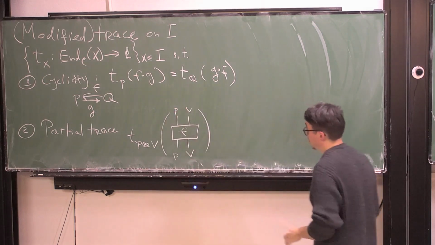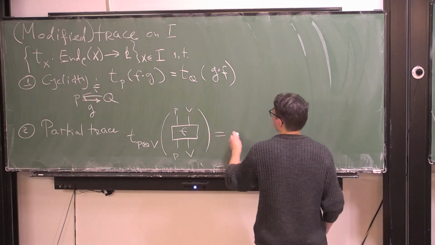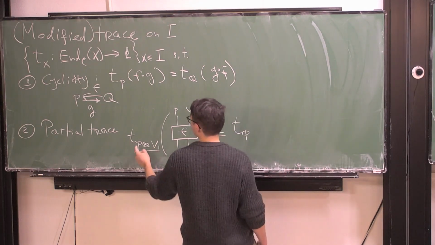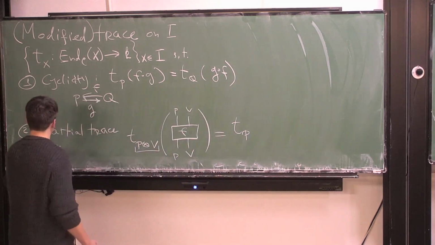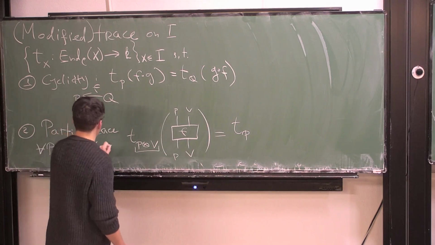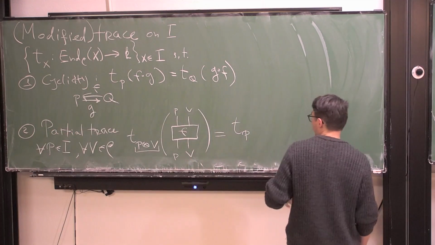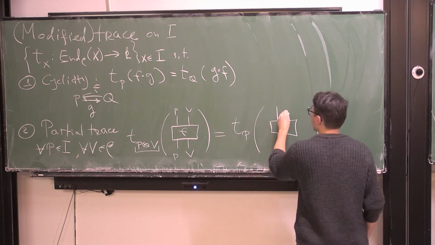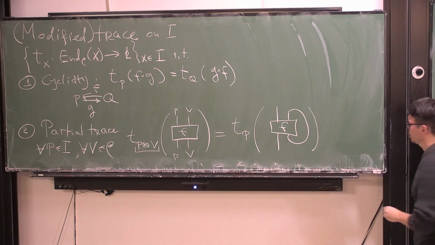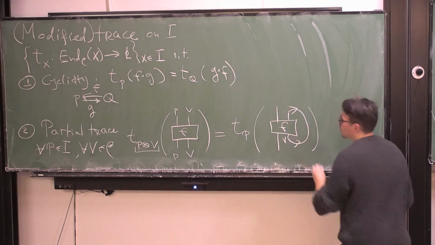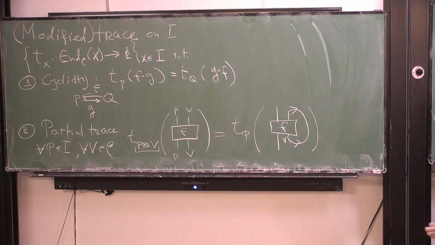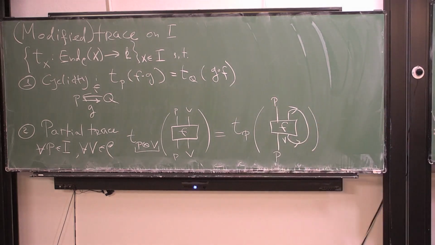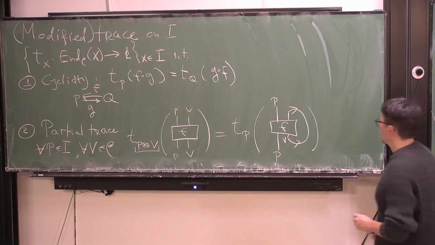So for every endomorphism of P tensor V, it should be such that, P is my ideal, so for every P in the ideal, and every V any object in the category C, and for every morphism, this should be the modified trace on P. And here I use my pivotal structure, so I use the evaluation and coevaluation maps. If you want, I just close every line on the right, but I should always keep the one which corresponds to the object in the ideal, so I can evaluate it. So these two things should be equal. That's the partial trace condition.